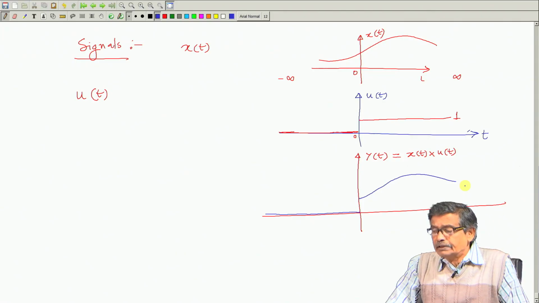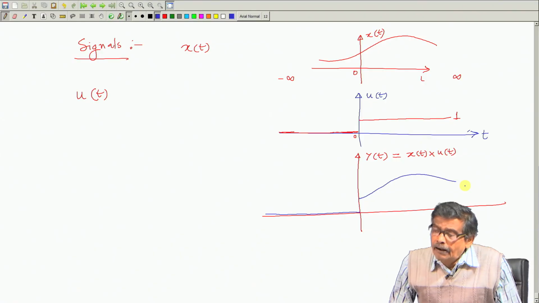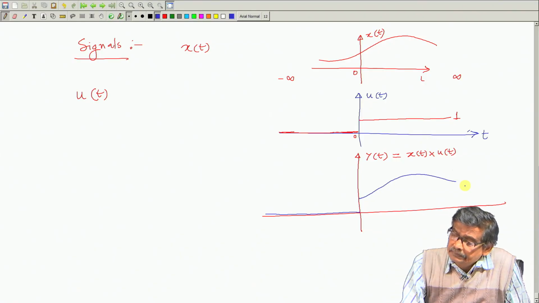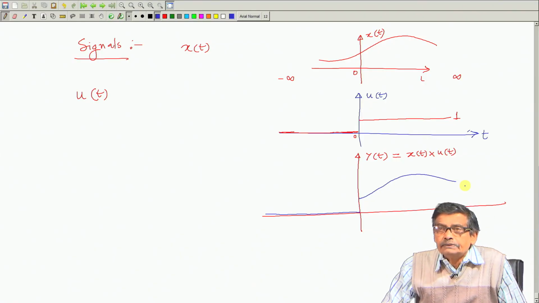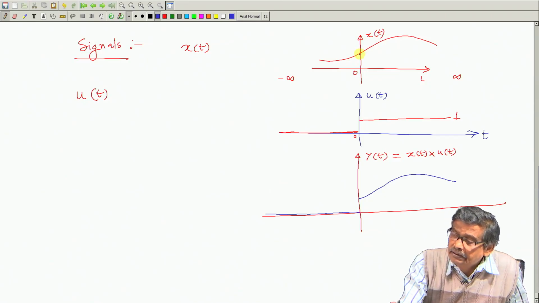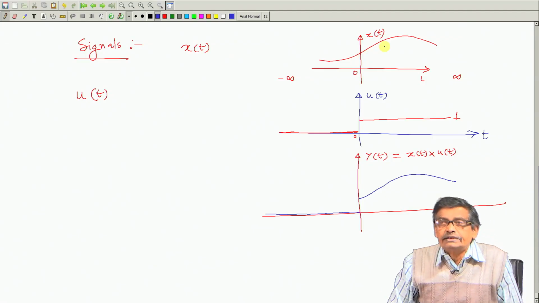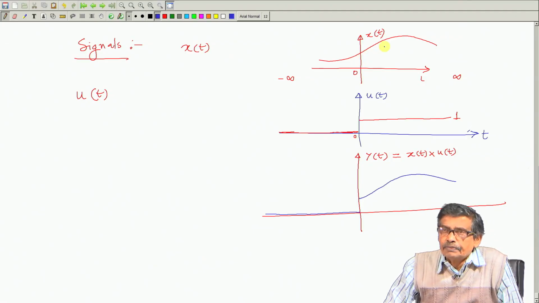So, any signal you multiply with the unit step function, the value of the function drops down to 0 for t less than 0. That is, I am only taking the value of the function x(t) for t greater than 0.